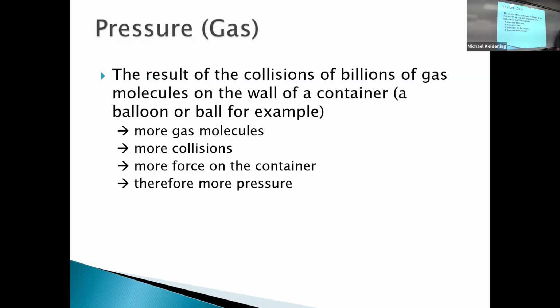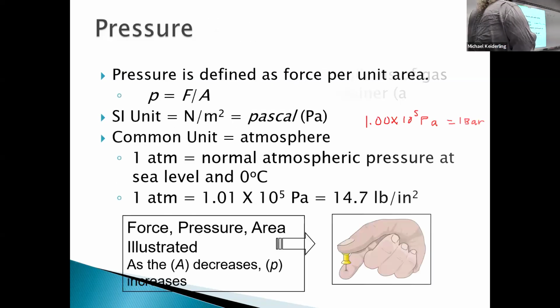If I add more gas molecules, I get more collisions, thus a higher pressure. If I have fewer collisions, thus less pressure. So more gas molecules means more collisions, more force on the container, therefore more pressure. Pressure is just force over area, and it's coming from various things bouncing off of this.